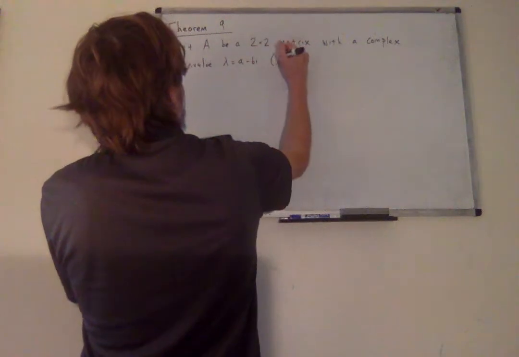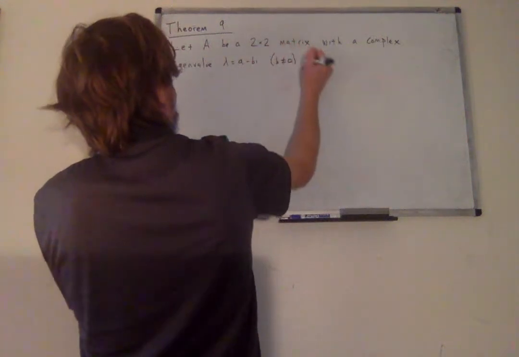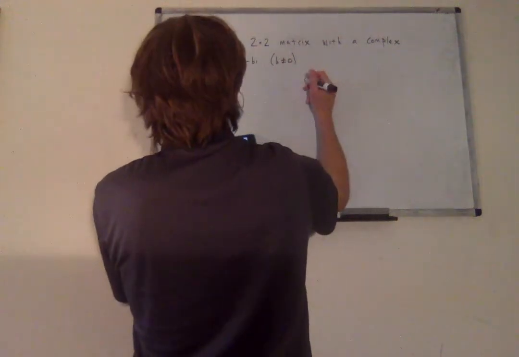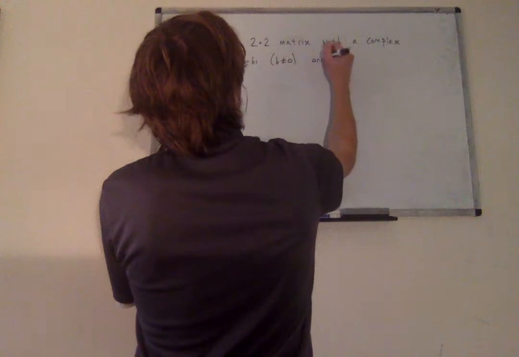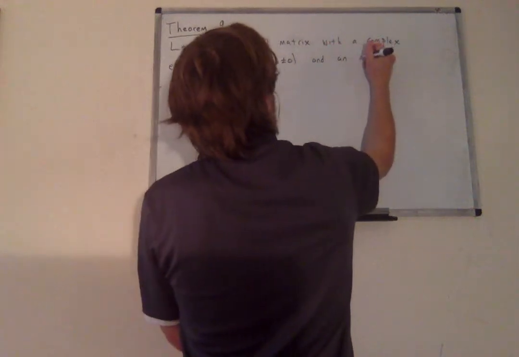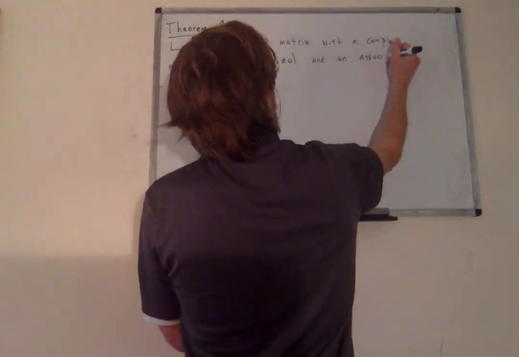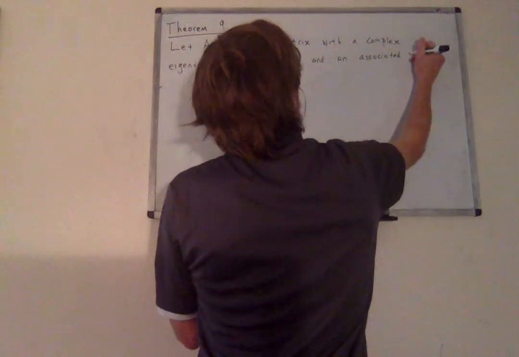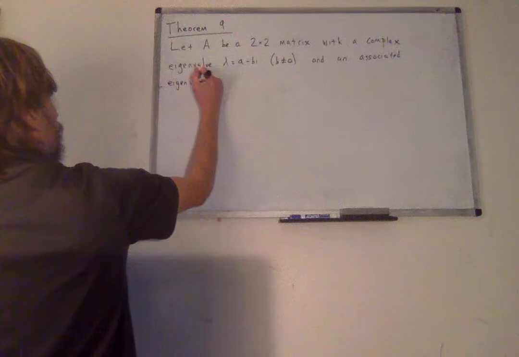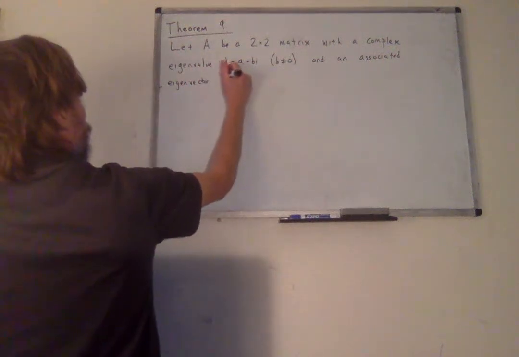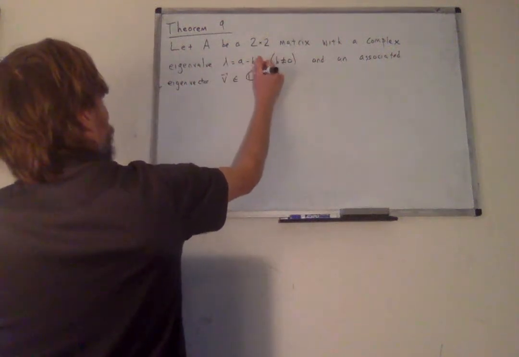Here we're going to assume that B is non-zero to make sure this is actually a complex number, not just a real number. And an associated eigenvector V in the complex plane.